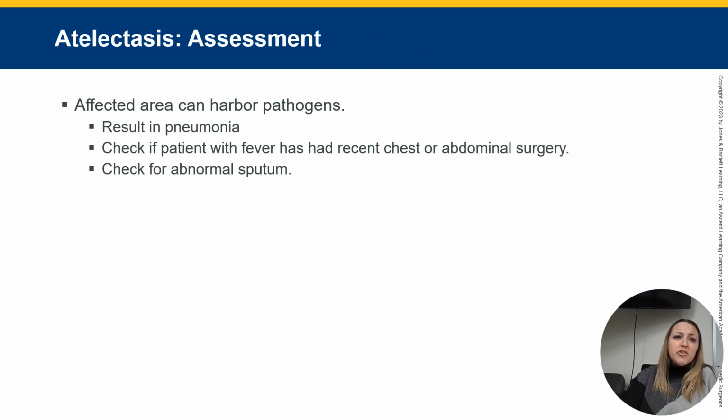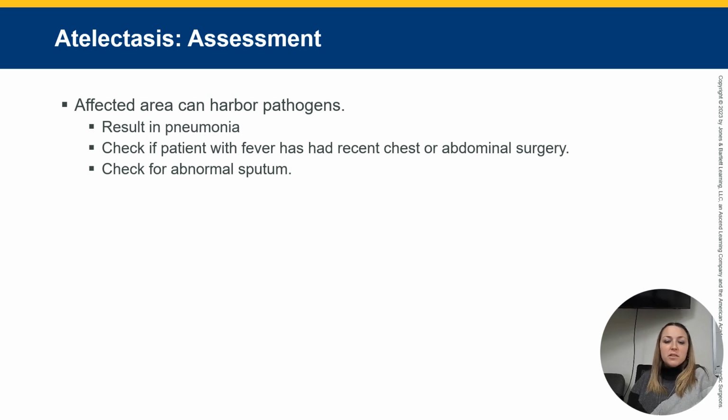Assessment, make sure that the affected area for atelectasis can harbor pathogens, right? The alveoli collapse, the tubes collapse, and it traps air in those pockets. Well, it doesn't just trap air, it can trap pathogens in there as well.